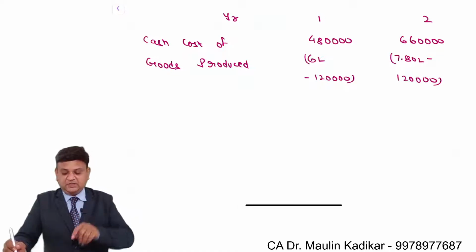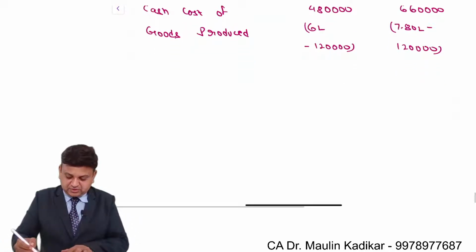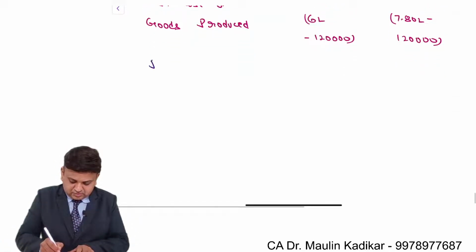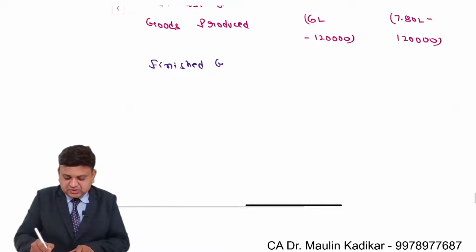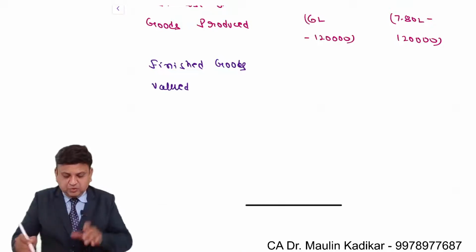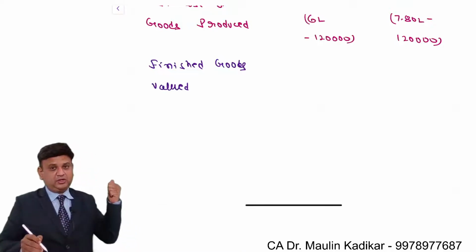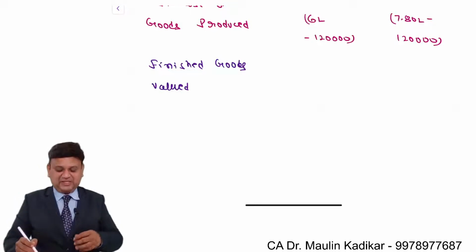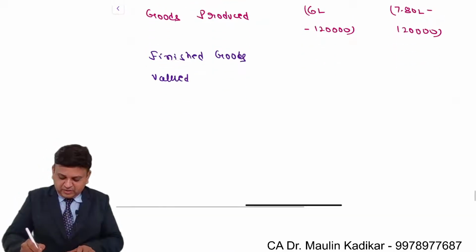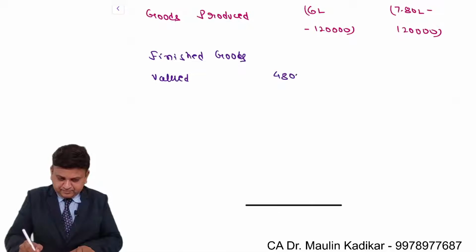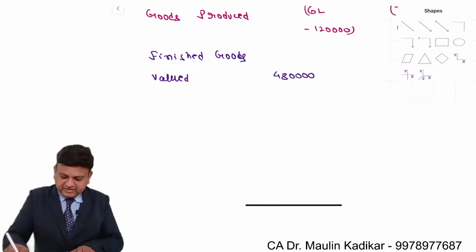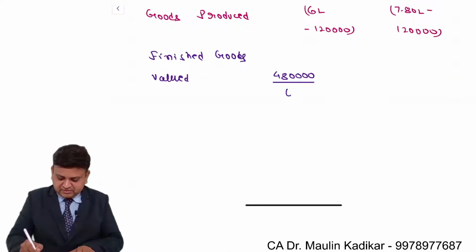Now using this we'll compute the finished goods valuation. Dear students, the finished goods valuation means the value of those units which are lying in the godown. That is what we have to understand. It is 4,80,000 divided by 6,000 units into 1,000 units.